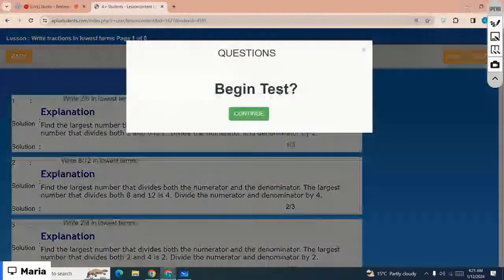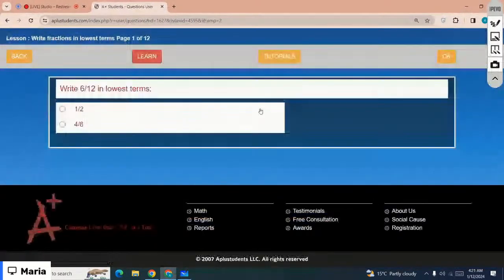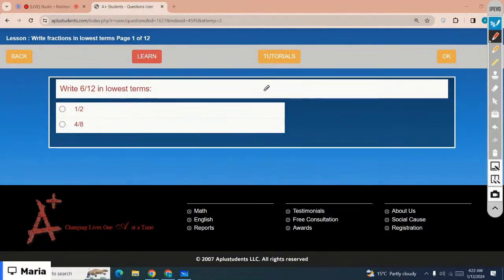Let's just start with the test questions. Okay, write 6 over 12 in lowest terms. So how do you write it? For 6 over 12, you have to find the largest number that can divide both numerator and denominator. The largest number is 6.